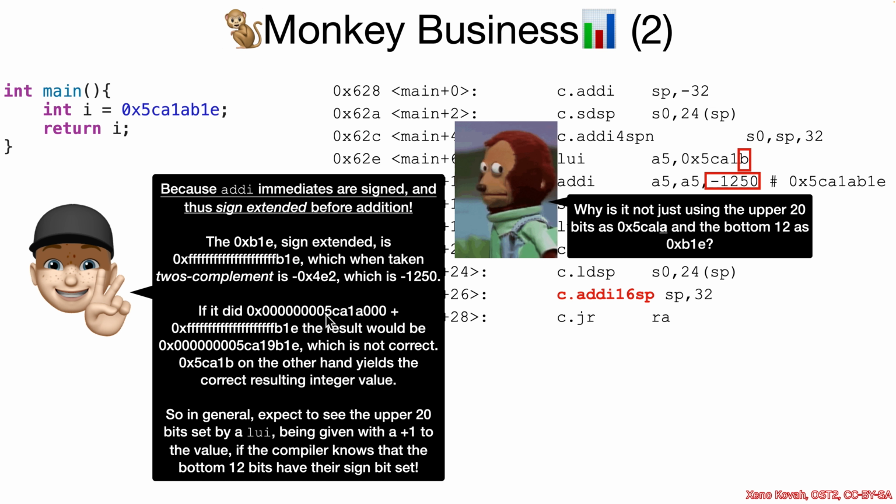So just in general, it's nice that the disassembler told you, by the way, whatever this thing just created is going to be the constant scalable. But in general, you should expect that if there's a LUI and an add-i, and the add-i is doing a signed value that would lead to this sign extension, then the constant for the upper 20 bits needs to be +1 in order to make the math all work out.